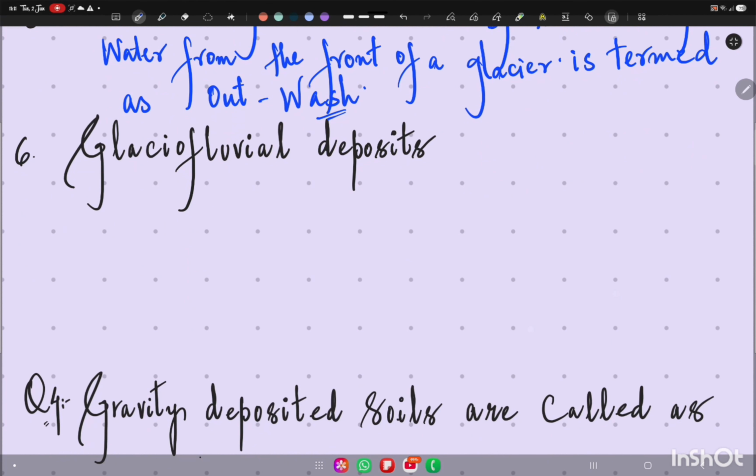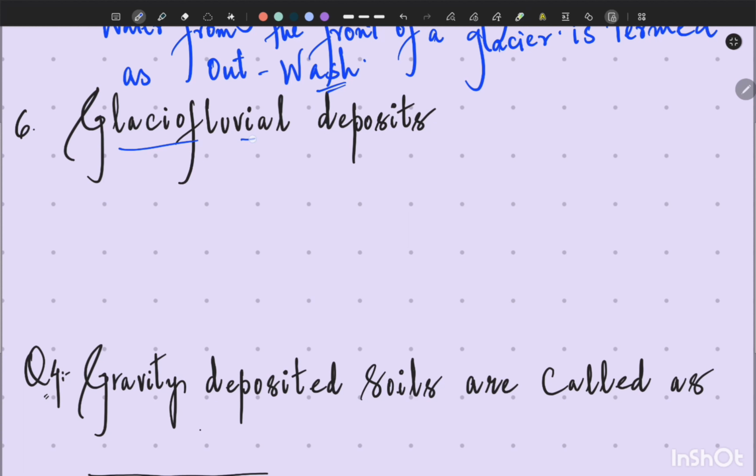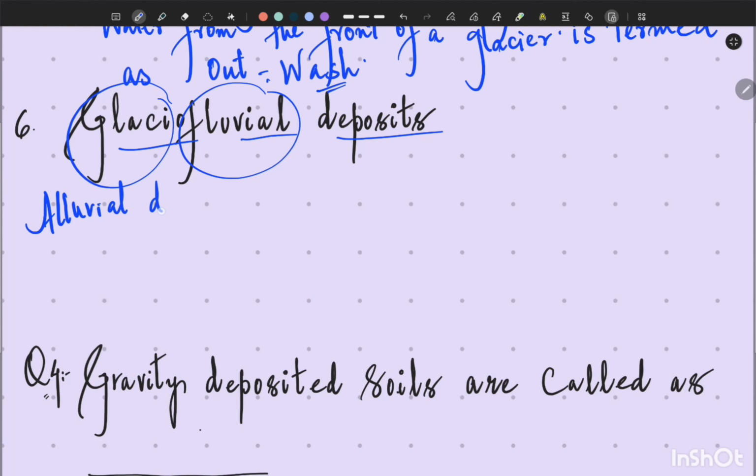Next term which we have to define is glaciofluvial deposits. Now what are glaciofluvial deposits? All those deposits which are formed by glaciers, wherein the material is first moved by glaciers and then subsequently deposited by streams of melting water, those deposits are known as glaciofluvial deposits. That's why glacio and fluvial. We know that all those soils which are transported by water are known as alluvial deposits, that we already know.